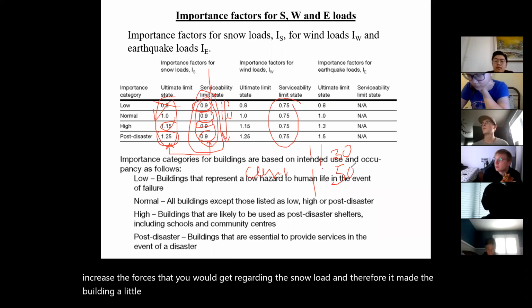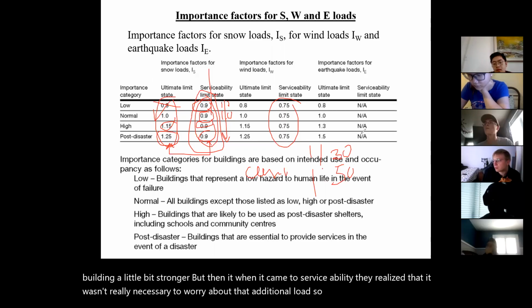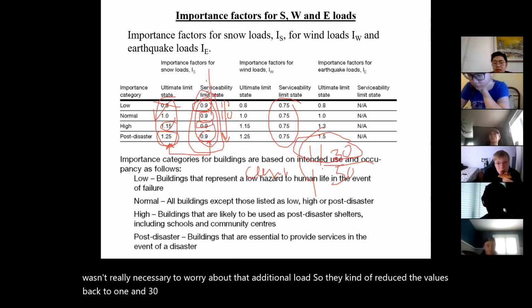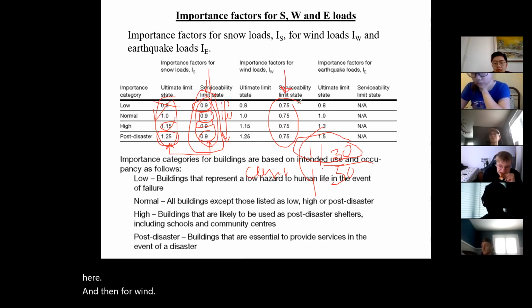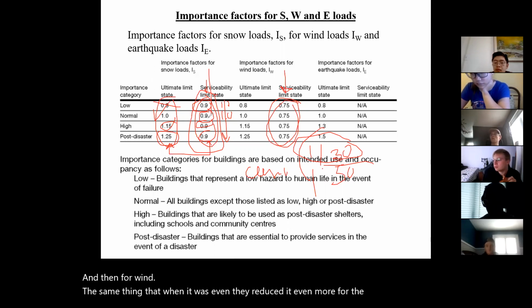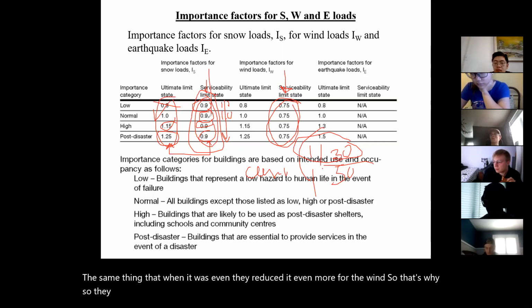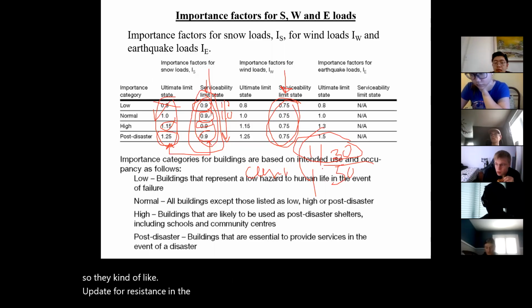But then when it came to serviceability, they realized that it wasn't really necessary to worry about that additional load. So they reduced the values back to 1 in 30 for serviceability, and that's where they came up with these values here. For wind, the same thing; they reduced it even more. So they upped it for resistance in the climatic information, and then for serviceability they brought it back to what it was.